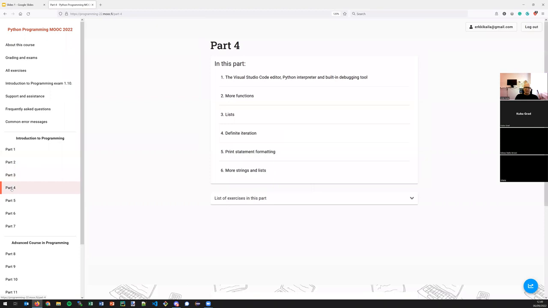In part 4, basically the 4th week, you're going to install an editor called Visual Studio Code on your own computer and a Python interpreter. Those are free tools, so you don't need to pay for those. Starting from the 4th week, we're using those to write your programs. But for the first 3 weeks, you don't need any external tools. You just need your computer, the browser and the internet connection, and that's all it takes.